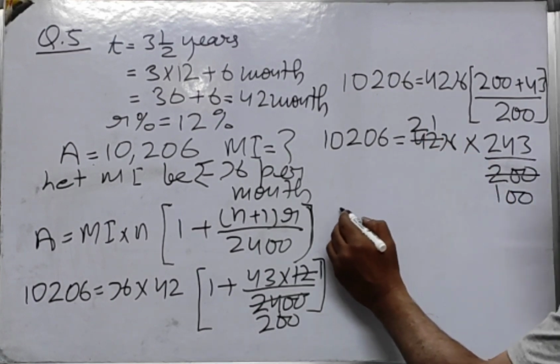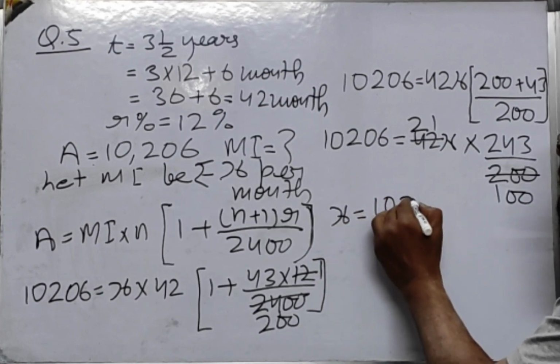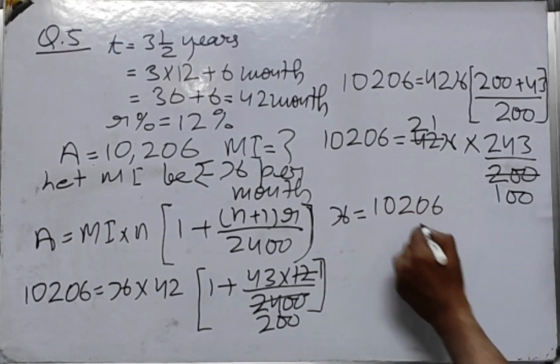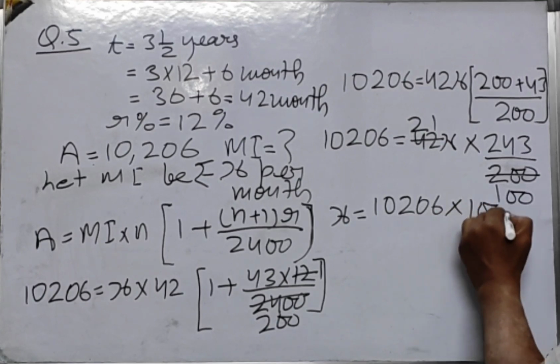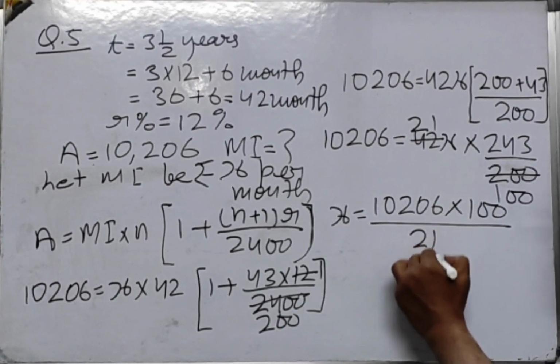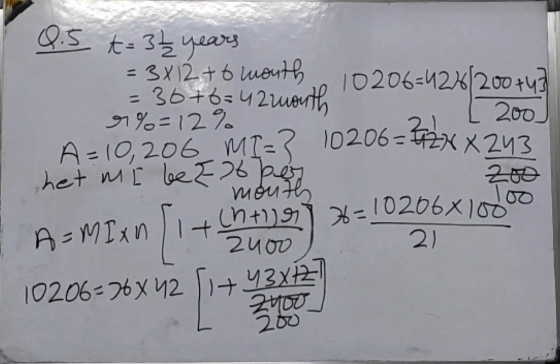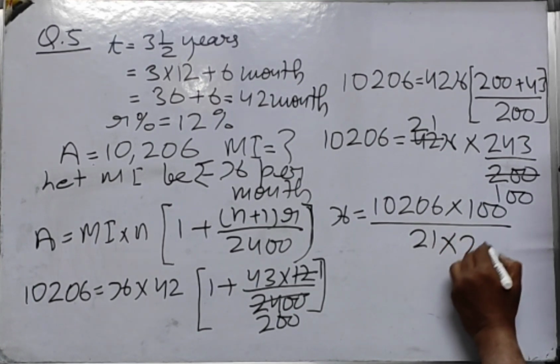So now you get x is equal to 10,206 into 100 upon 21 into 243.